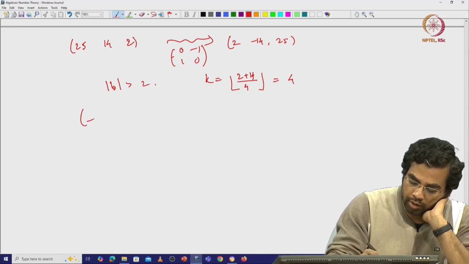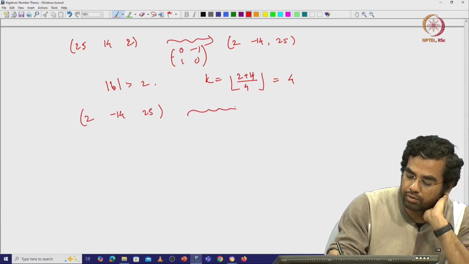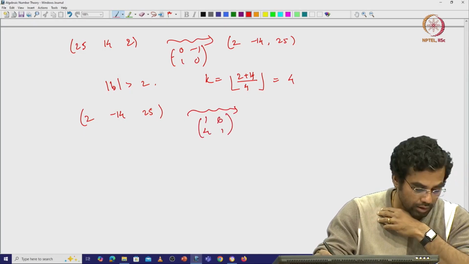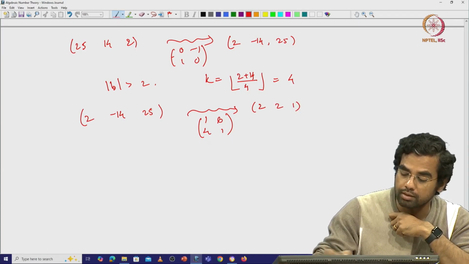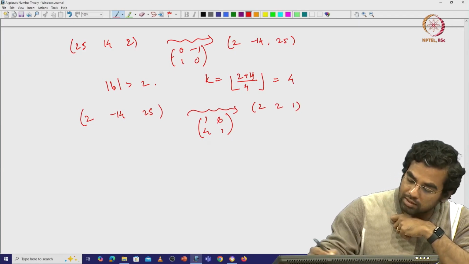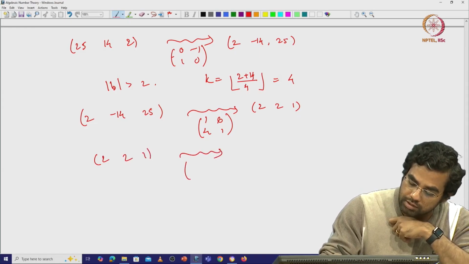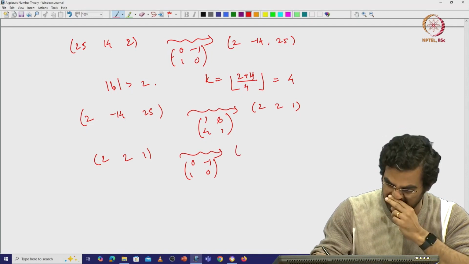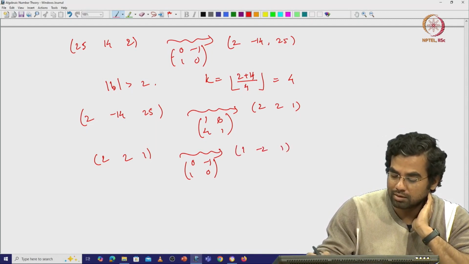So, (2, 14, 25) is equivalent, using (1, 4; 0, 1), to (2, 2, 1). Then (2, 2, 1) is equivalent, using (0, -1; 1, 0), to (1, -2, 1).